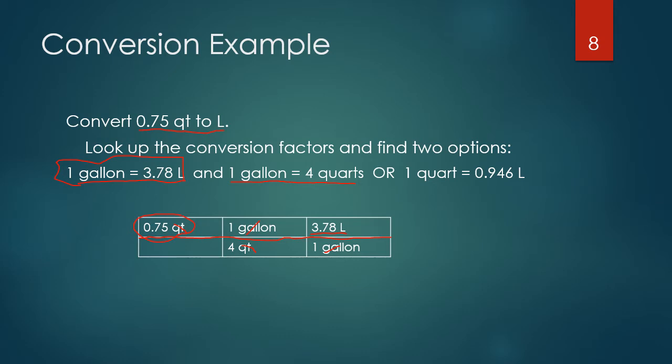I said this horizontal line is a division line. Well, the vertical lines are multiplication. So you want to multiply all the way across in the numerator and the denominator. So to solve, we're going to take 0.75 multiplied by 1 multiplied by 3.78 and divide that by 4.